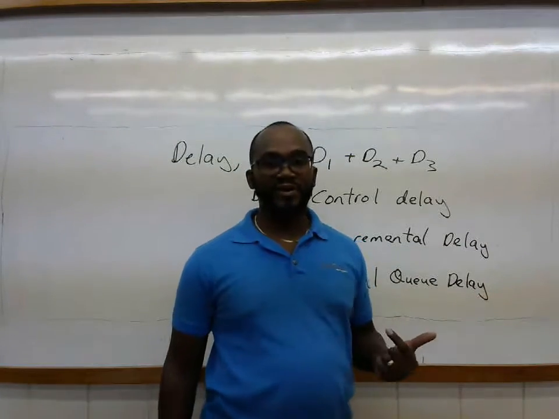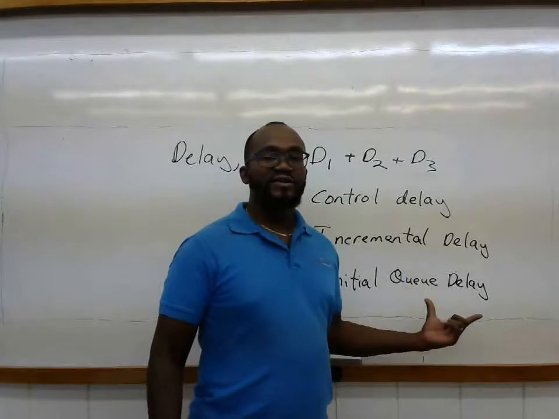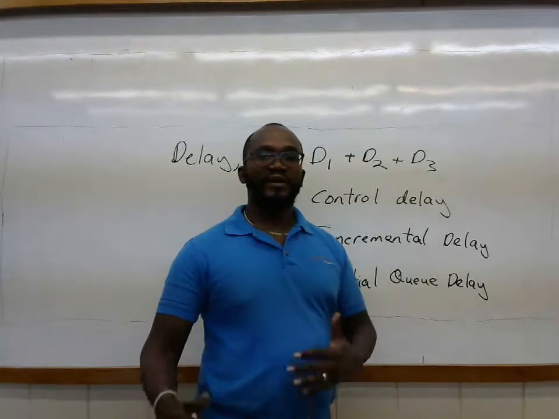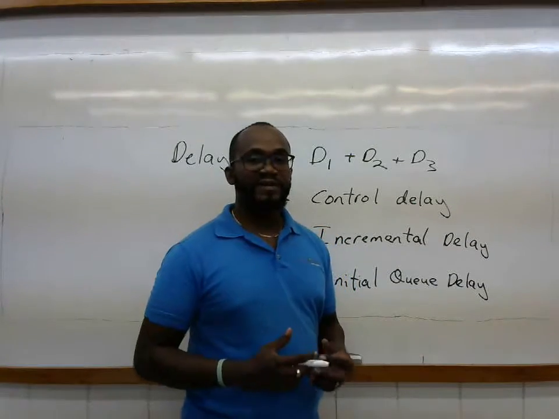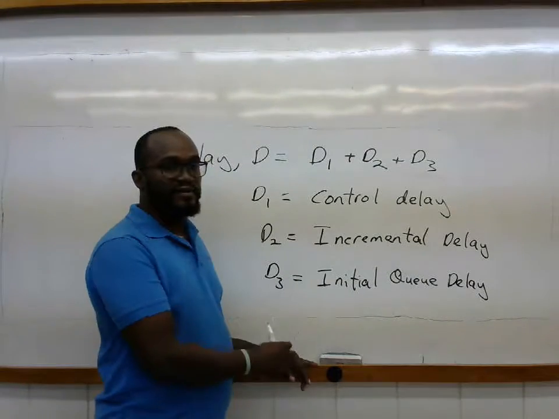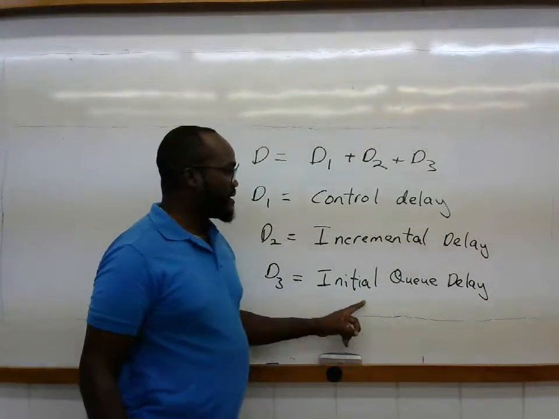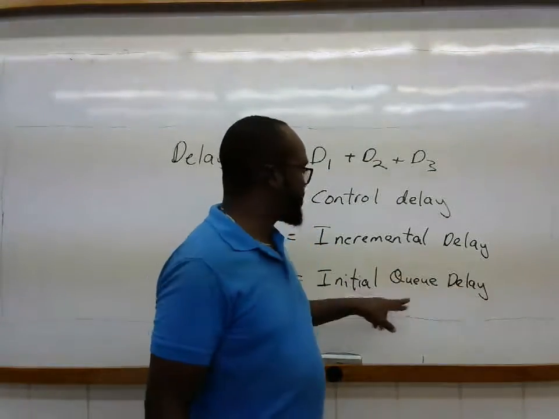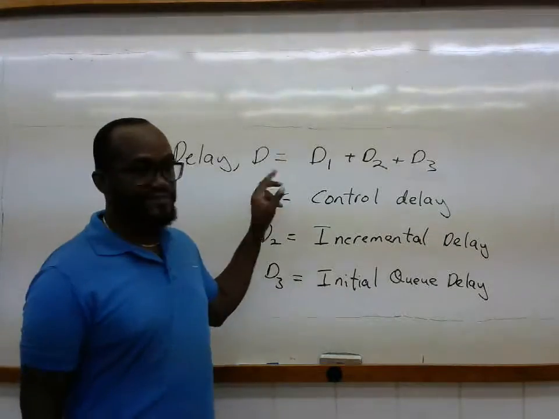For example, the southbound approach would have had a queue. If we were to ignore the effects of that queue, then we would be underestimating the delay passengers or drivers, as the case may be, experience in the traffic stream. So as part of the methodology, there is a formula to determine this factor, which then contributes to the overall delay D.